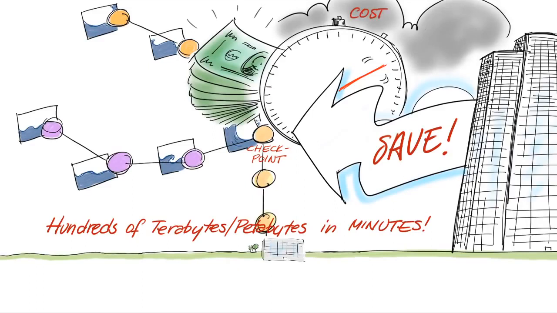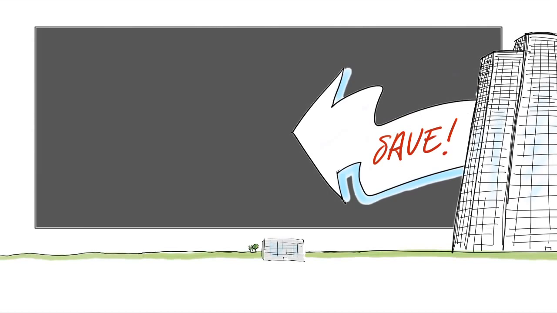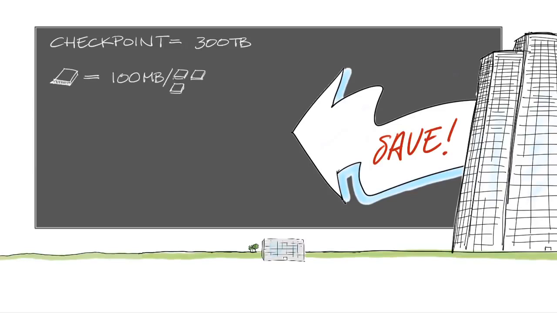And to complicate matters even further, the high volume of data imposes severe bandwidth demands. So to make this example even more concrete, let us go back to a typical HPC example that generates 300 terabytes of data each checkpoint, and let us do some real math here. If a disk does 100 megabytes per second, then 10 disks will be able to do 1 gigabyte per second.